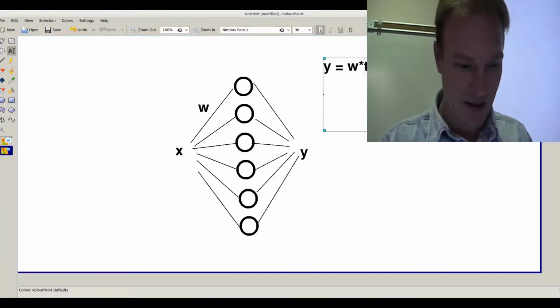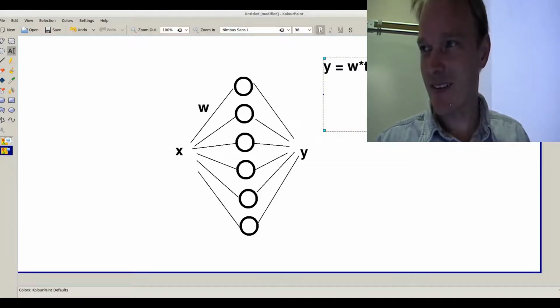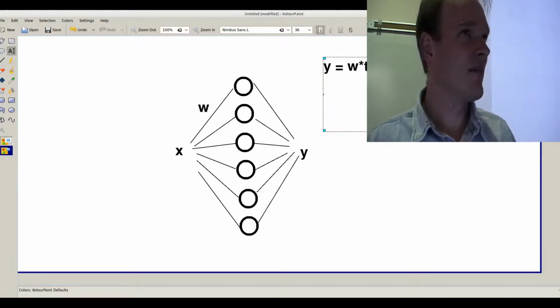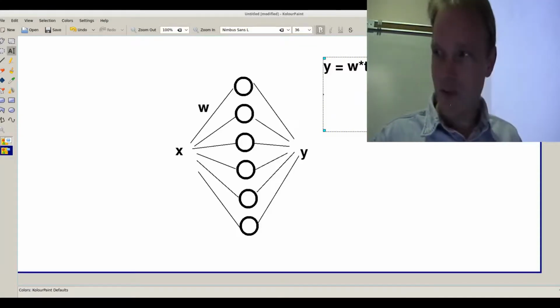Some weight times that plus b. This is what it would be if there were only one hidden unit, because y has its own bias, and there's a bias on each of these hidden units. And so we're going to take x, scale it by the weight, add the bias to it, run it through the tanh function, scale it by this weight, add the bias to it, and there you go.